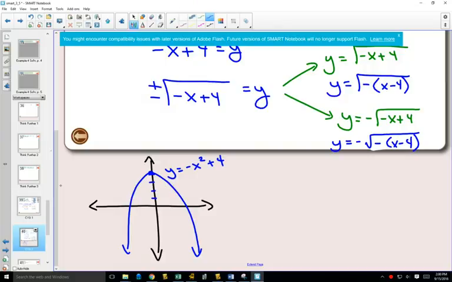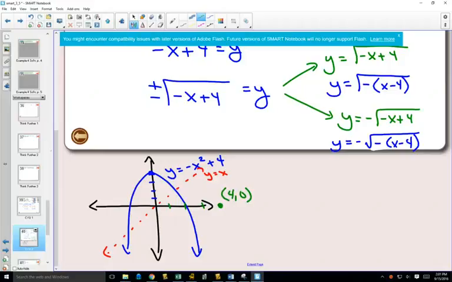We're graphing the original, which is -x squared plus 4, and we're going to graph the inverse. Two ways of graphing the inverse. Either we can take the equations that we found, or we can just switch the x and the y of a bunch of points on our original one and flip it over this line, y equals x. So what's going to happen to 0, 4? It's going to go to 4, 0.